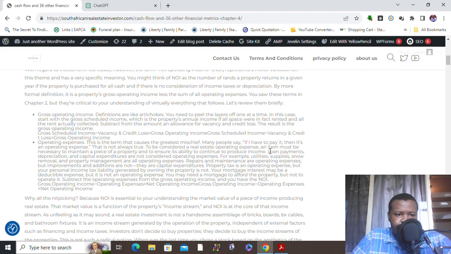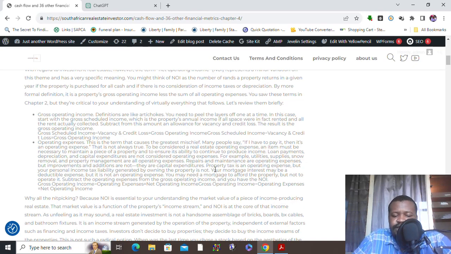Loan payments, depreciation, and capital expenditures are not considered operating expenses. For example, utilities, supplies, snow removal, and property management are all operating expenses. Repairs and maintenance are operating expenses, but improvements and additions are not.